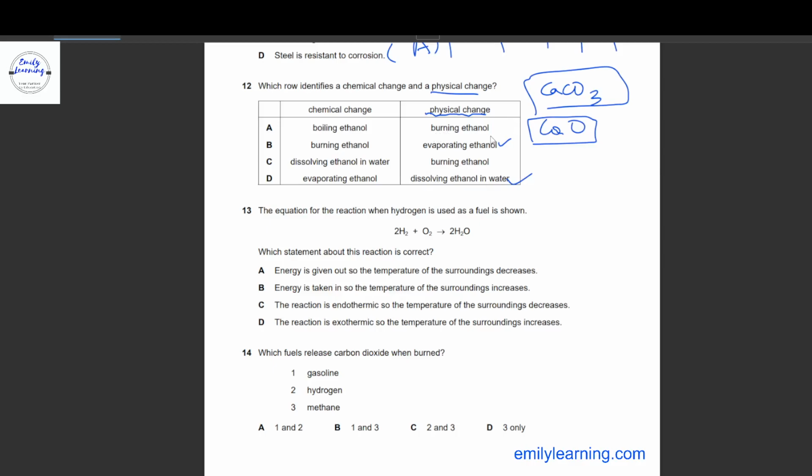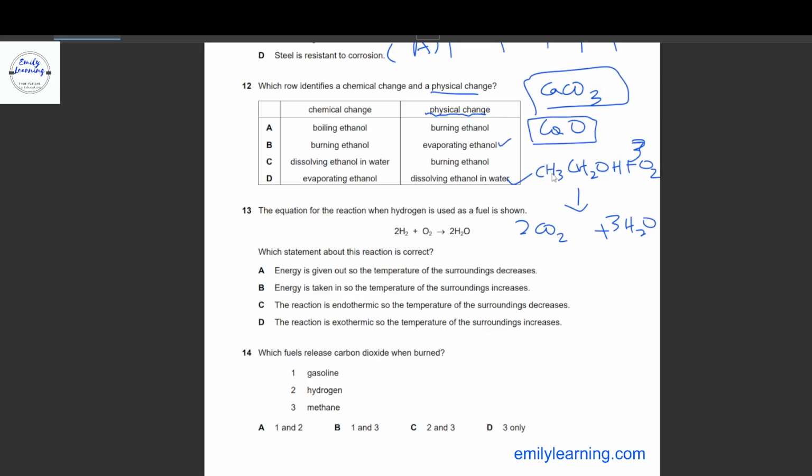If you burn ethanol, CH3CH2OH, it will become carbon dioxide and water. Because it becomes carbon dioxide and water, there's a chemical change. Burning is considered a chemical change because you change the chemical composition.